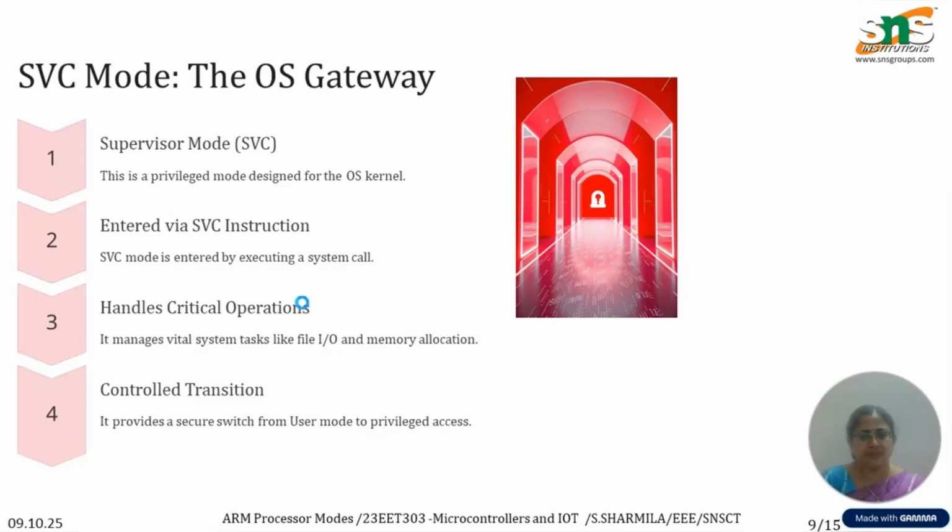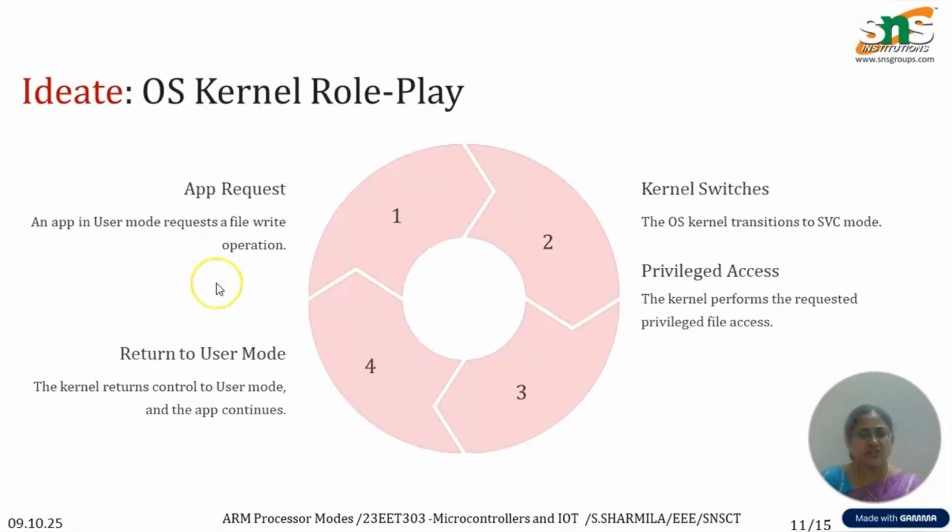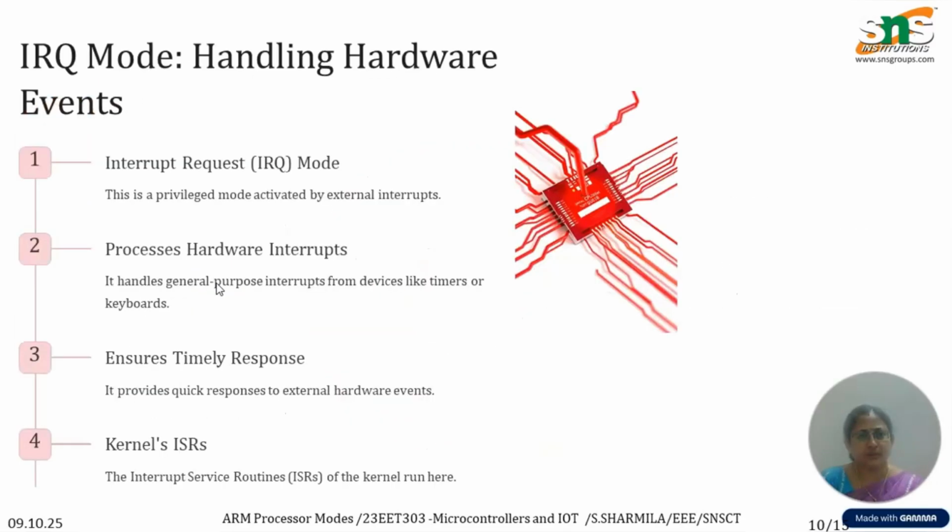The next one is the IRQ mode, handling hardware events. For responding to external events, we have the IRQ mode. This is another privileged mode dedicated to handling general-purpose interrupt requests from hardware devices, like a keyboard press or a timer tick.